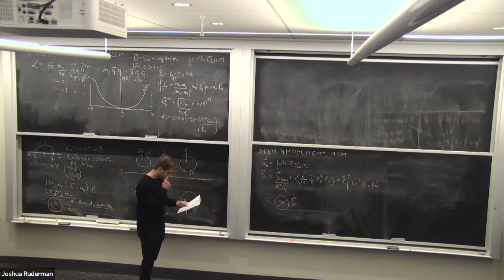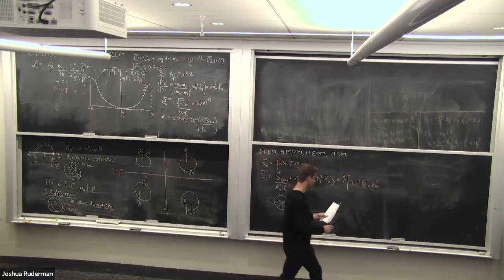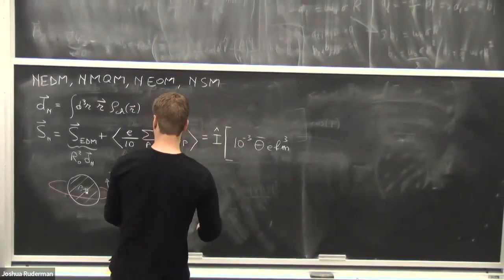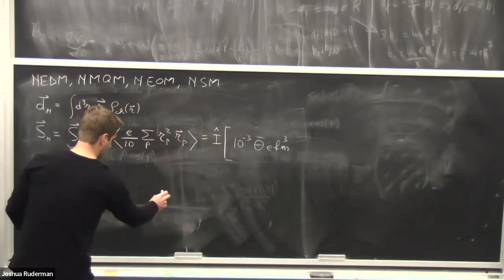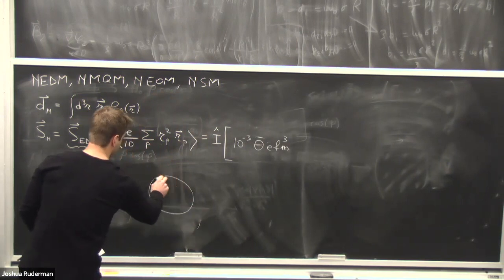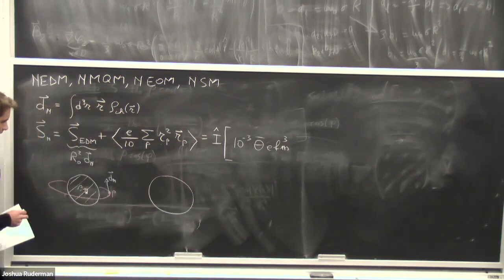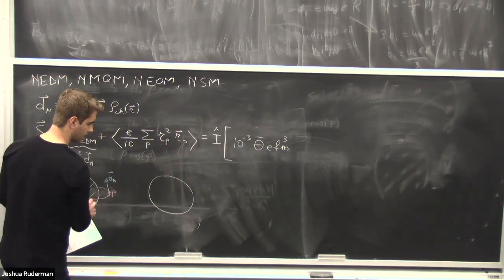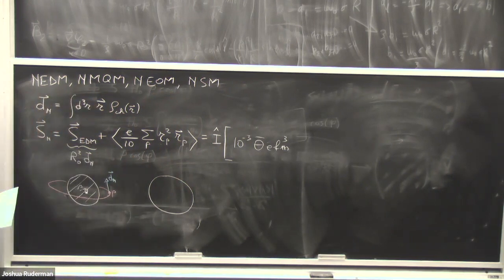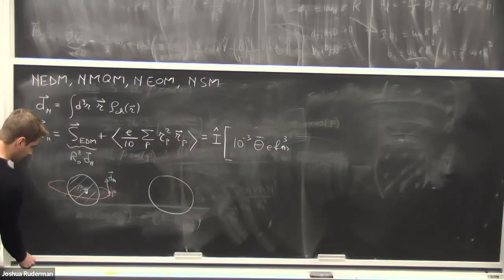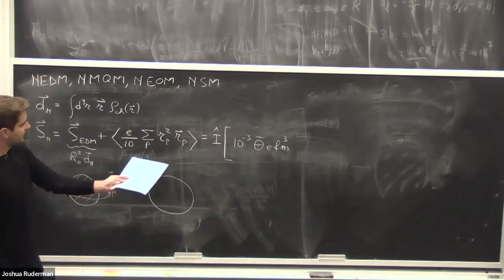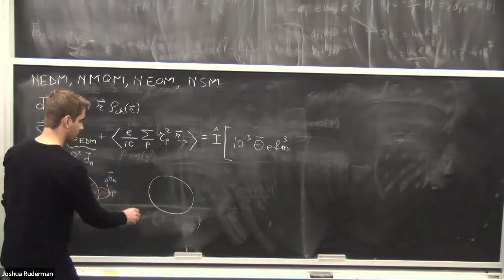So this contribution looks like this: if I ignore the bare EDMs and I have, again, a nucleus with some core, and I only look at one valence nucleon, I can have an asymmetric charge distribution.